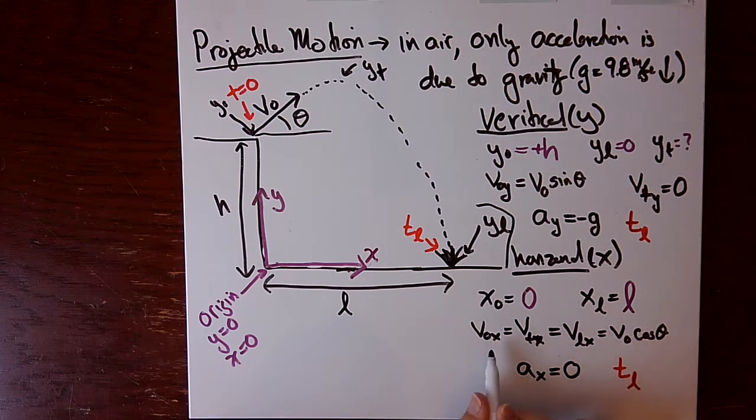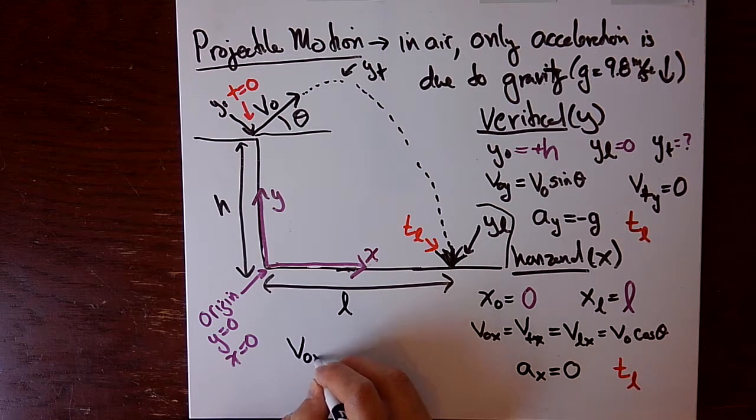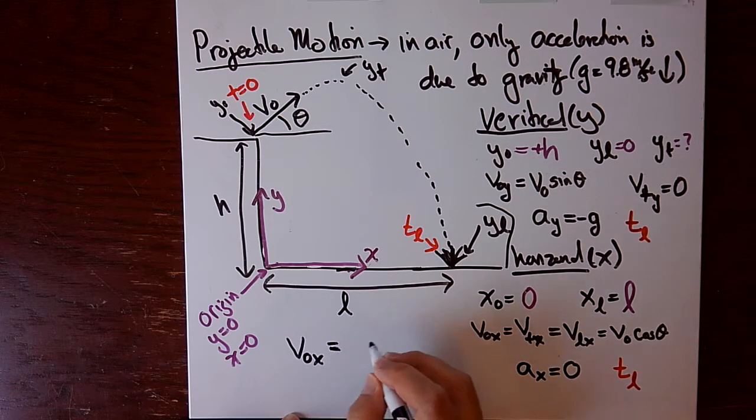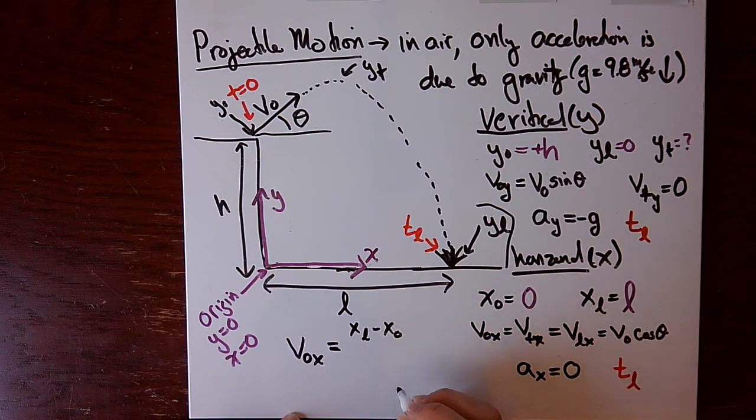Here we know we have a constant velocity, so that means the average velocity is equal to the instantaneous velocity anywhere. So we can write horizontally, the velocity is equal to the distance we've traveled, say the landing spot from the starting spot, over the time it took us to get there.